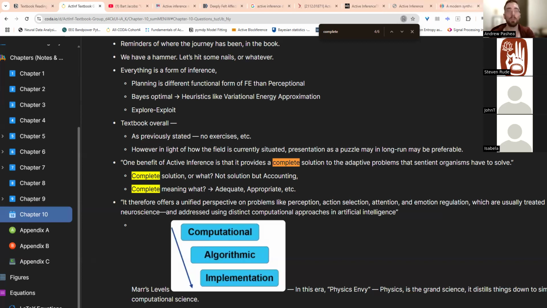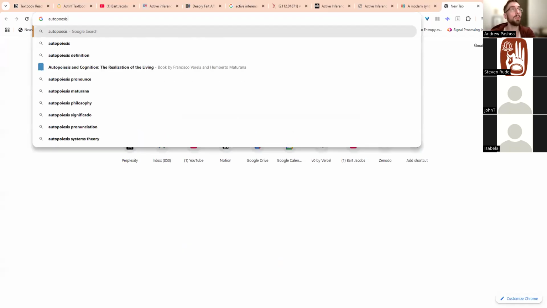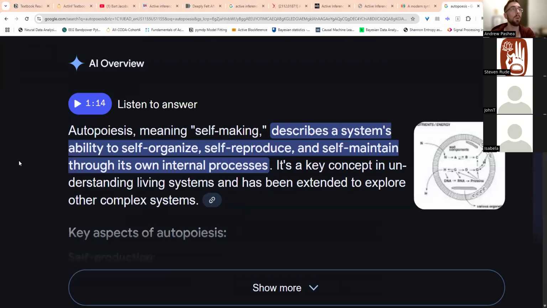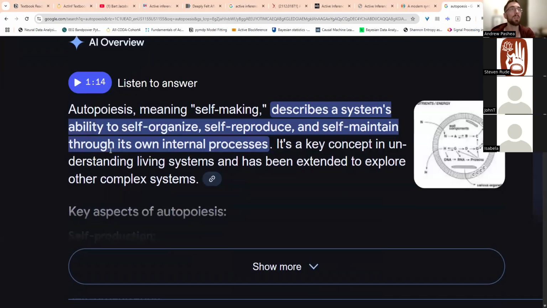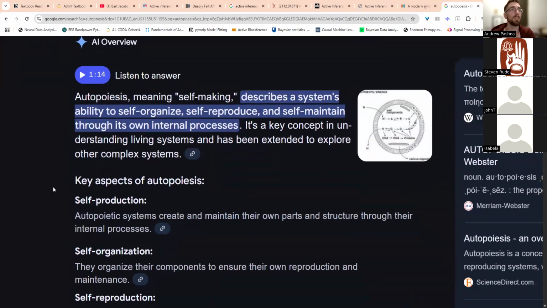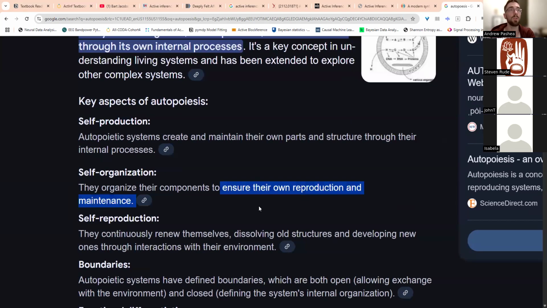So we do see this term in the textbook. Autopoiesis, self-making, is a system's ability to self-organize, self-reproduce, and self-maintain through its own internal processes. One interpretation of that is to ensure their own reproduction and maintenance. With robots, I'm not so sure about the reproduction part. Maintenance, potentially.